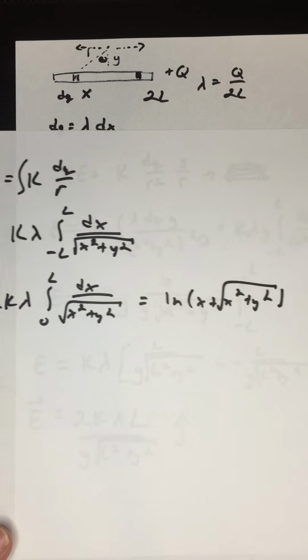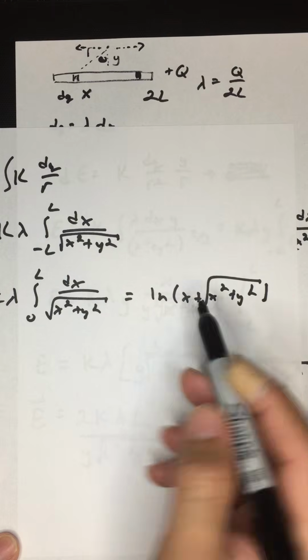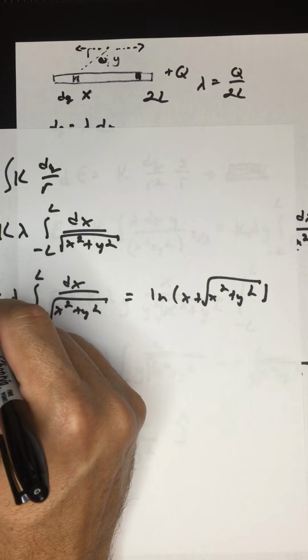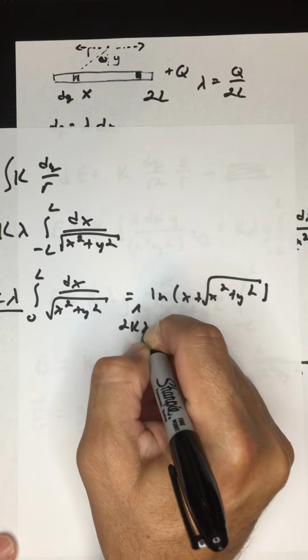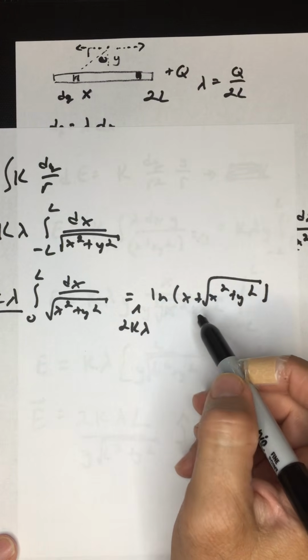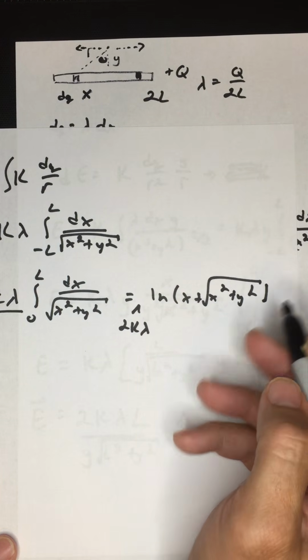Make sure you can still see that. You cannot. This integral evaluates as the log, sorry, I need the 2kλ there. And the integral evaluates as log of x plus the square root of x squared plus y squared.